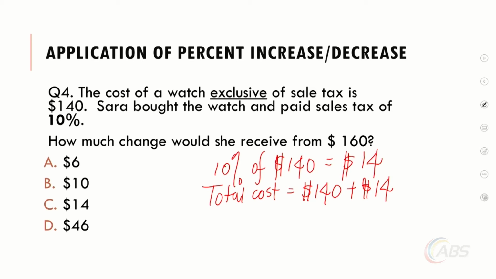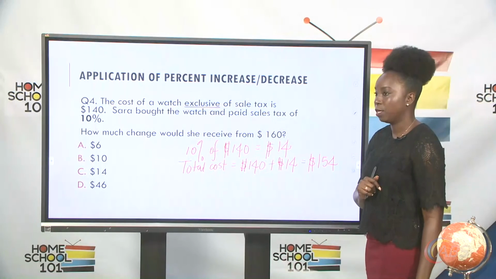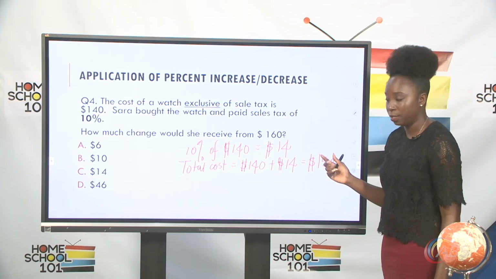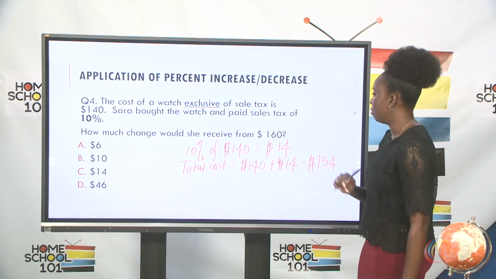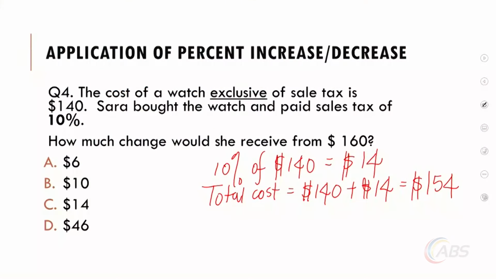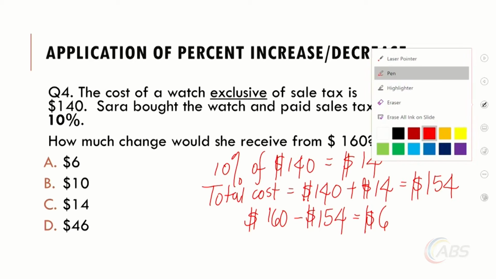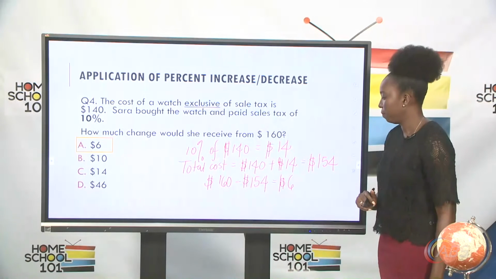And when we add those, we get $154. And so if she paid $154 for this watch, tax inclusive, if we take $154 from $160, we'll be able to find how much change she would receive. So 160 minus 154, and we get $6. Okay?